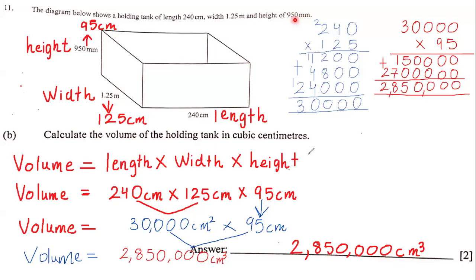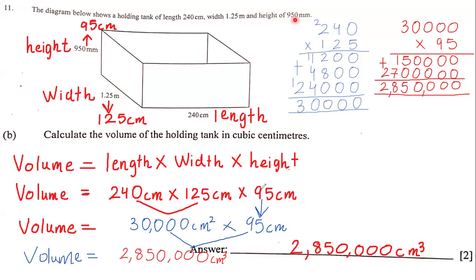Joel Cooper, do you understand this? I kind of understand a little bit. What part don't you understand? How you made the second step, multiplying 240, 125 and 95?